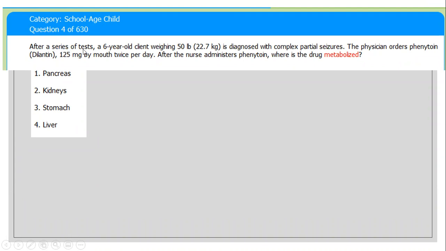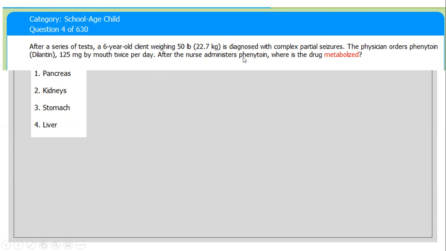After a series of tests, a 6-year-old client, body weight 50 pounds, is diagnosed with a complex partial seizure, right? For the partial seizure, the physician ordered phenytoin, other name Dilantin, 125 milligrams by mouth twice a day.